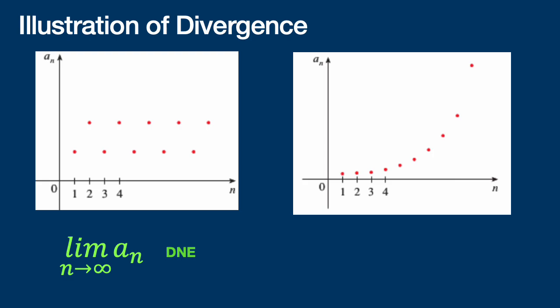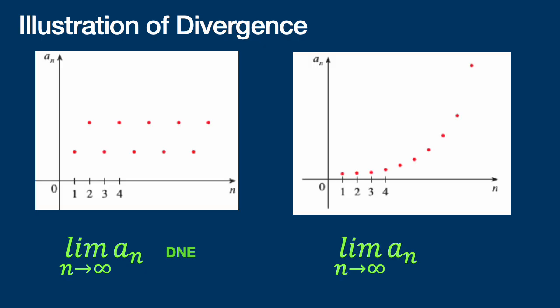Go to the right. Look at this behavior of the sequence. The sequence keeps increasing: a1, a2, a3, a4. They keep growing larger and larger. In that case, we say the sequence diverges to infinity.